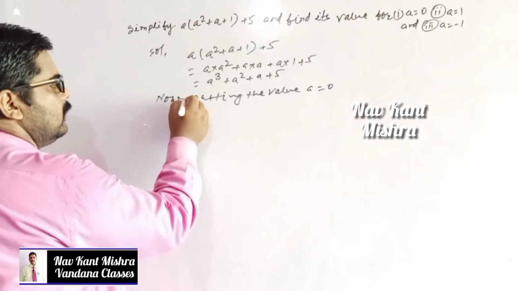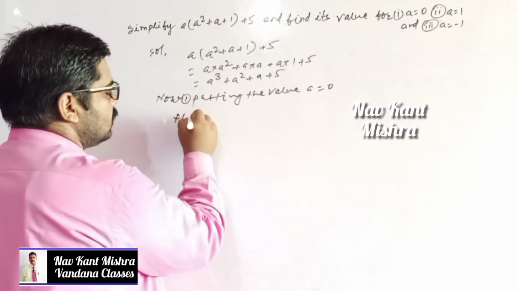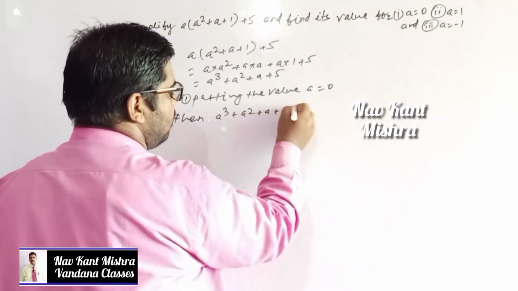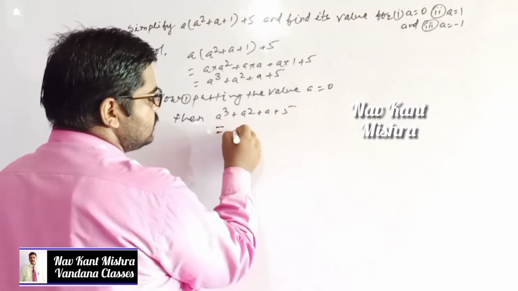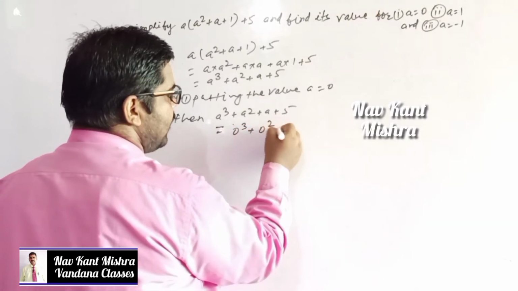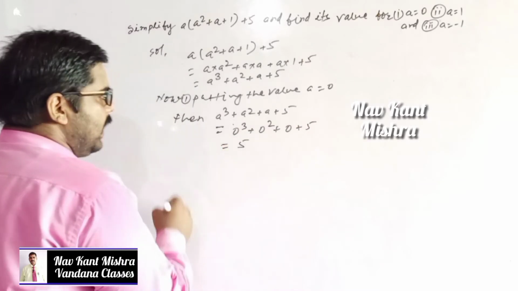Putting the value a is equal to 0, then a cube plus a square plus a plus 5 can be written as 0 cube plus 0 square plus 0 plus 5, and its result is 5.